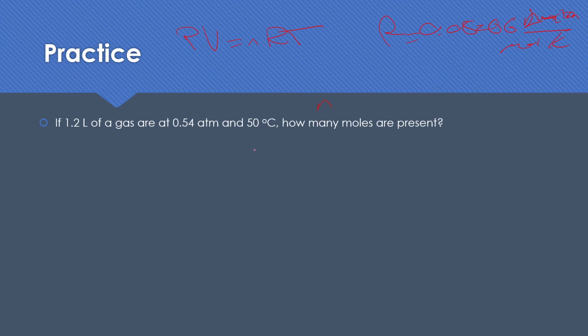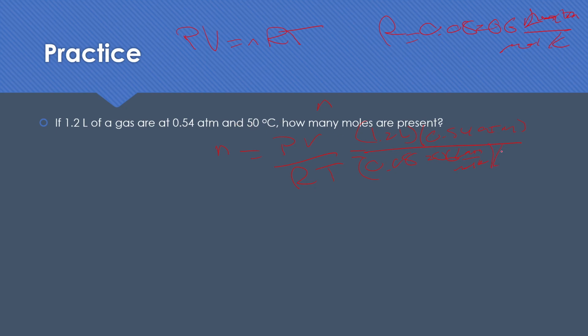So in this case, we're solving for moles, PV over RT. So 1.2 liters times 0.54 atmospheres over 0.08206 liters atmospheres per mole Kelvin times the temperature.